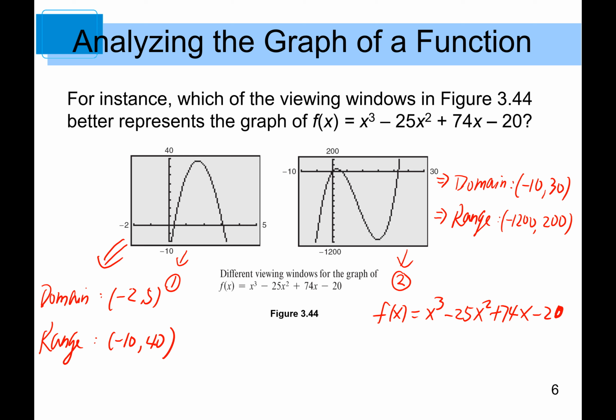So when you graph it, it just depends on your needs, right, or the specific requirements. You probably want to graph the function in a certain way. I want you to understand how this affects the result of the graph.